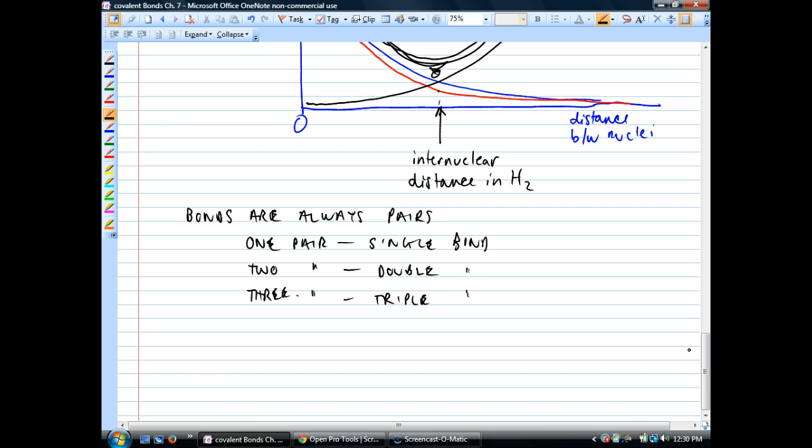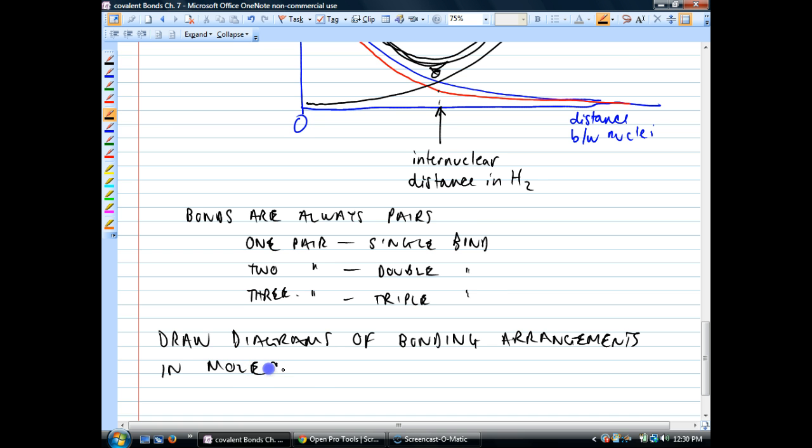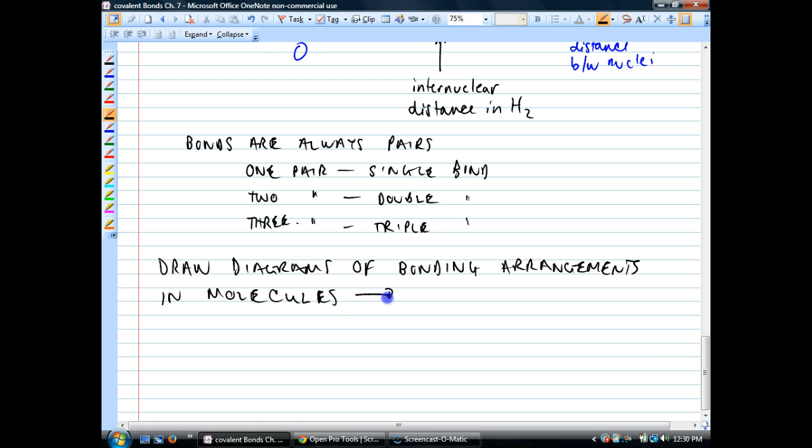Now we want to be able to draw diagrams of bonding arrangements in atoms, in molecules, because eventually we want to be able to say something about their geometry.